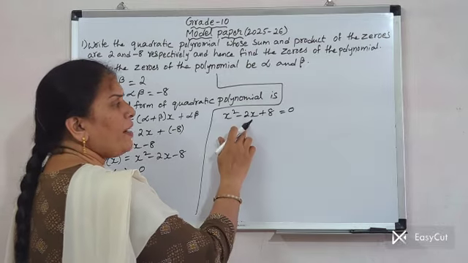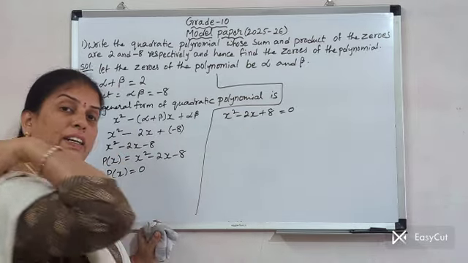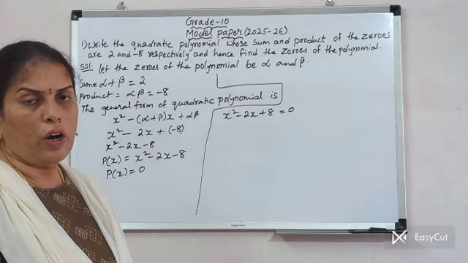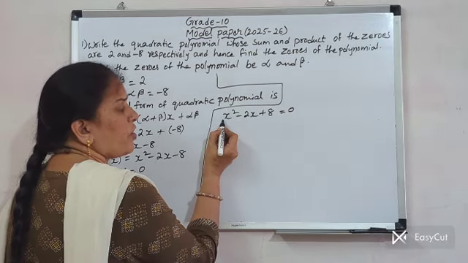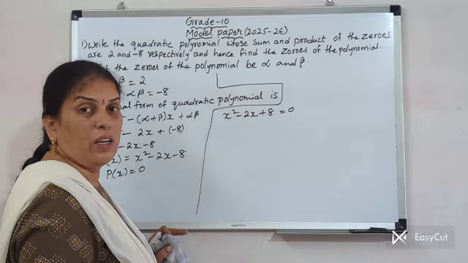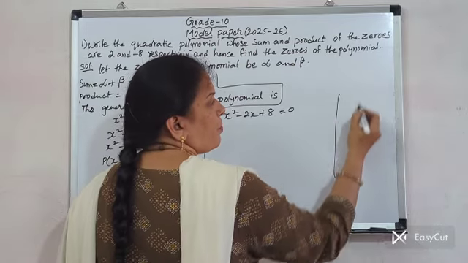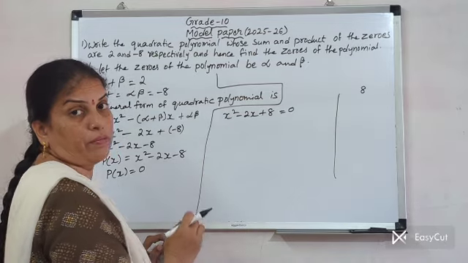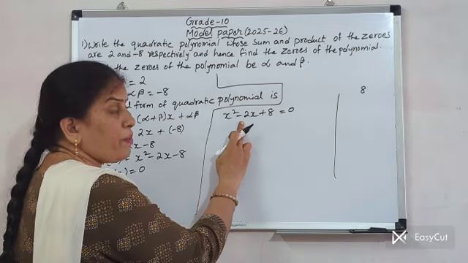Okay. Now by the factorization method we can find the zeros of the polynomial. See here, what is the coefficient of x square here? 1. Here what is the constant? Minus 8. 1 into 8 is 8. For 8 you must find the factors so that the middle term will come. How much middle term must we get?